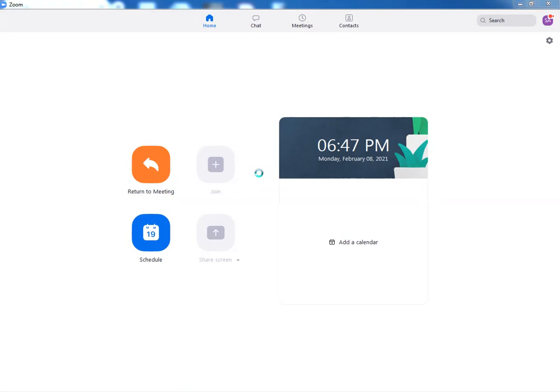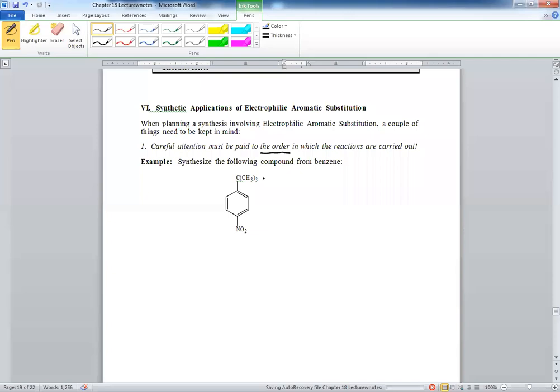So very well, let's look at this reaction. We have an alkyl group here, a tert-butyl, and we have a nitro group. So we can think of the reactions right away. How would you add a group such as this?